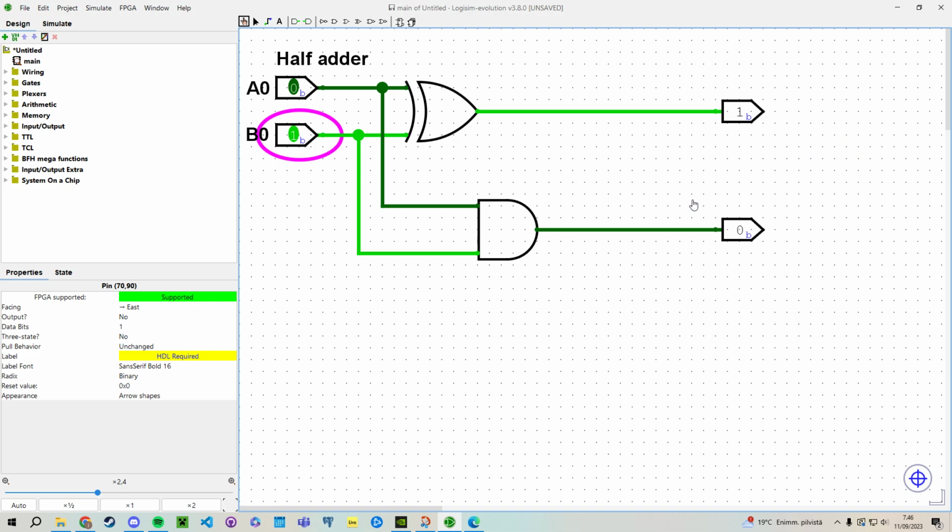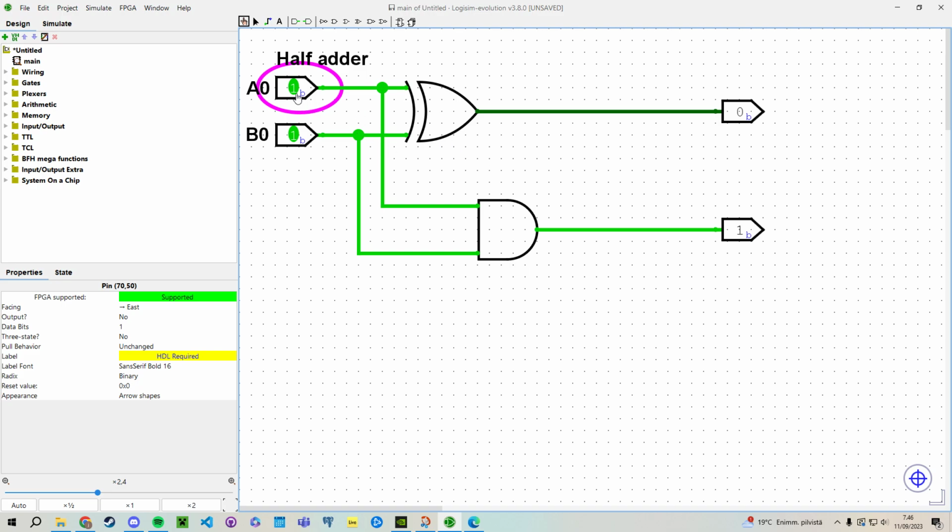So we have the carry 1, and if they both are true, it goes to the carry out bit. And we can do this logic by simply having an XOR gate here. And what it does is it cannot be 1 if they both are true, only if the other one is true.